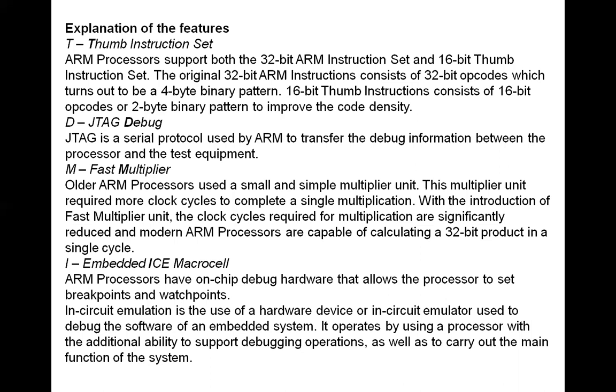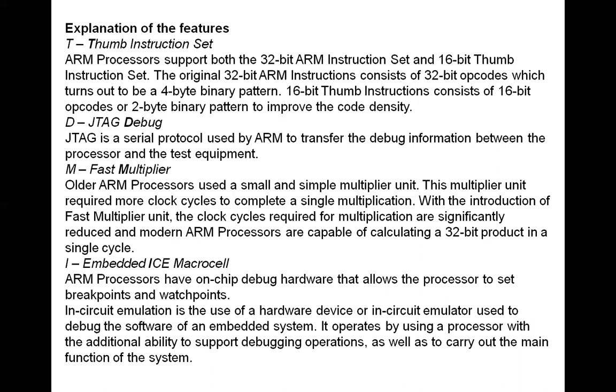Then next is M, the fast multiplier. Older ARM processors used a small and simple multiplier unit. This multiplier unit required more clock cycles to complete a single multiplication.